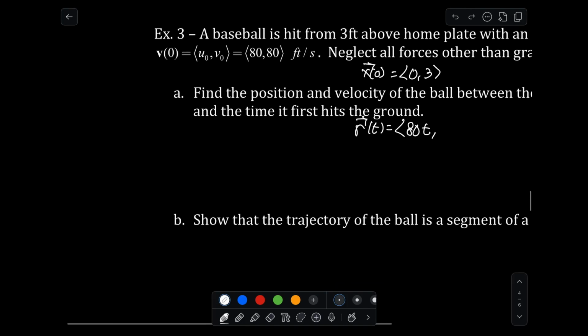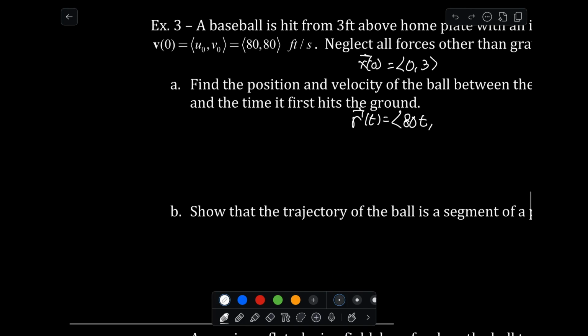And if we want to imagine this, right? We start at the origin, the person hits the ball here, and then it's going to go up, right? That's like the general idea. And this distance right here is 3 feet.